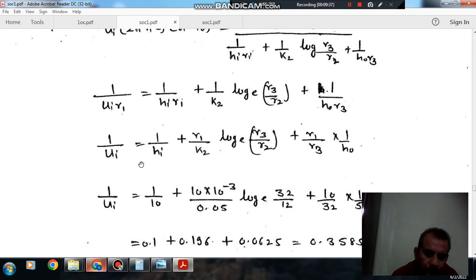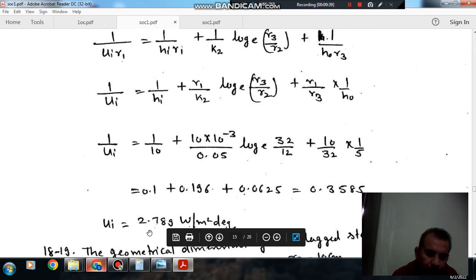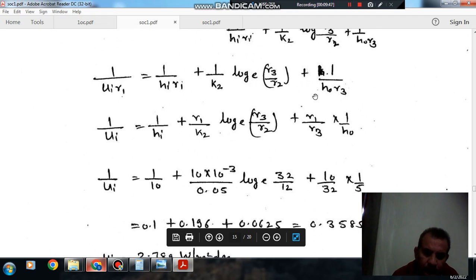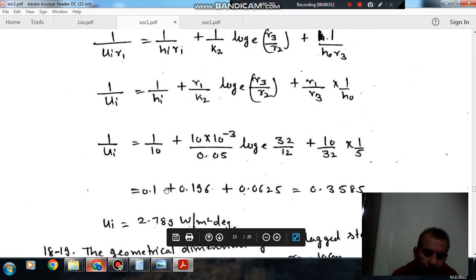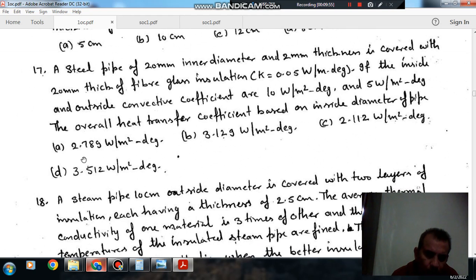Now putting in the values, we can find Ui. So Ui comes out as 2.789 watt per meter square per degree. We have all the values, and we put these in and find Ui. So the answer is option A.